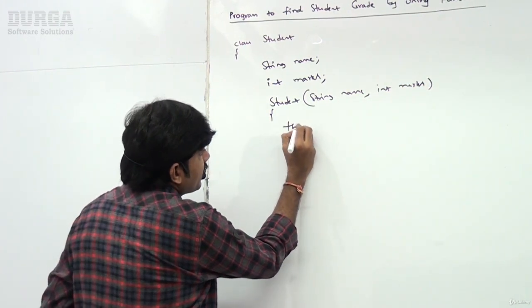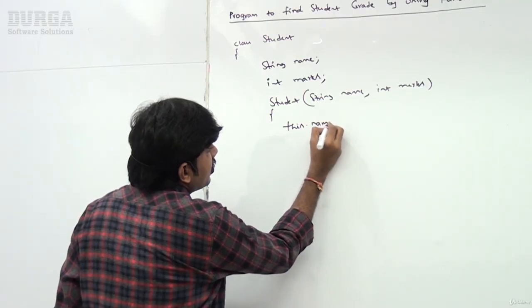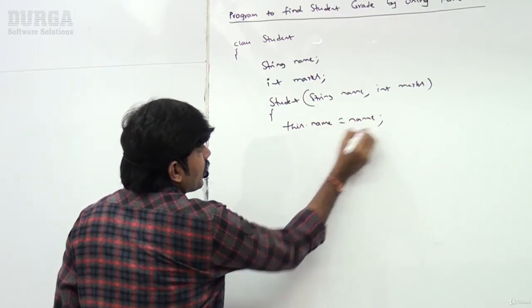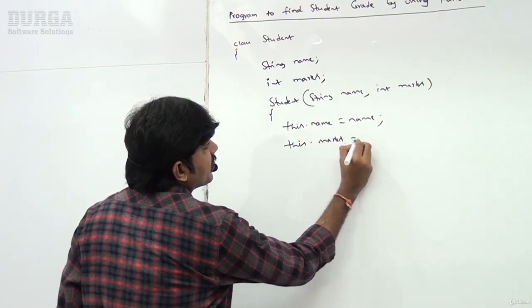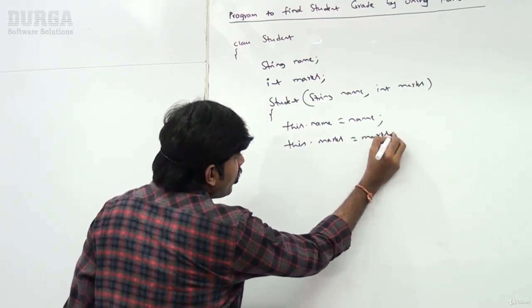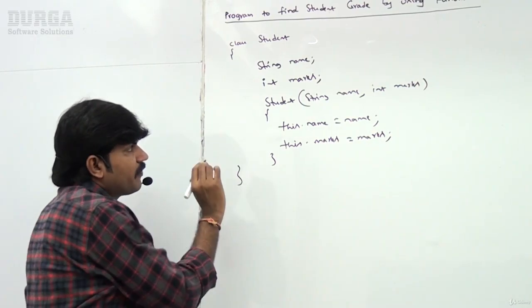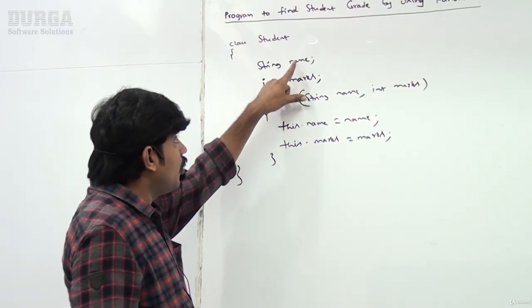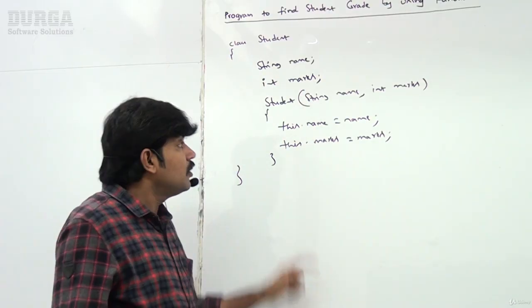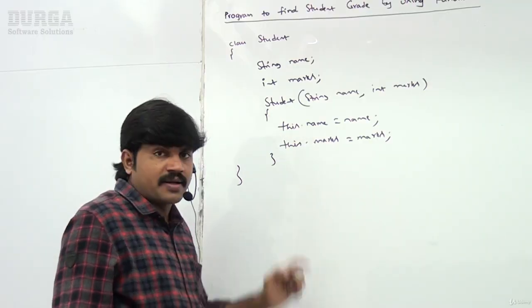Now the constructor Student(String name, int marks), where this.name = name and this.marks = marks. Only two properties I'm taking for the student, just to get the basic idea.